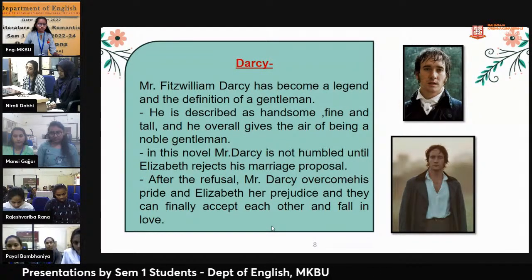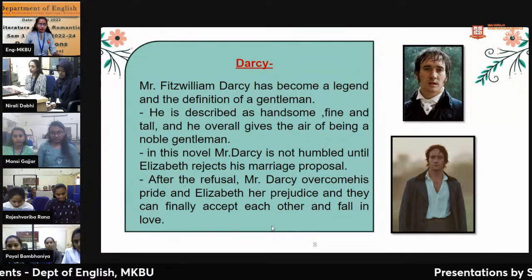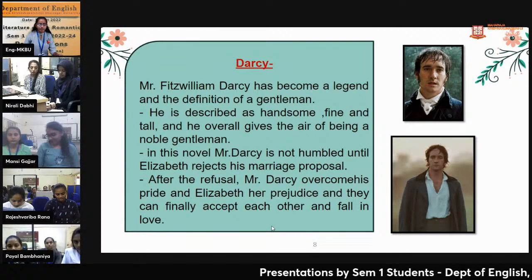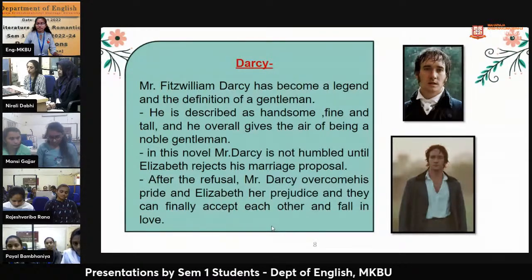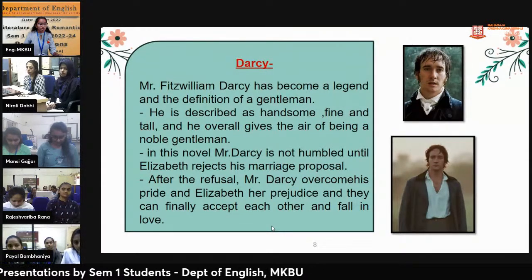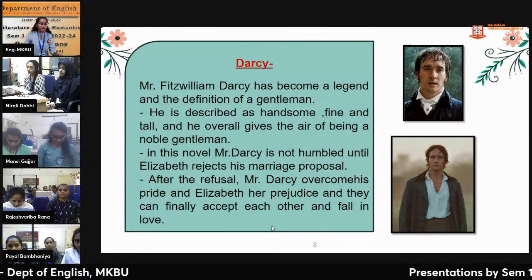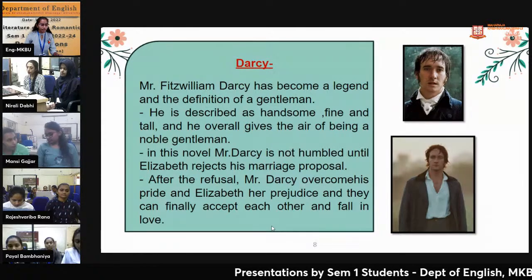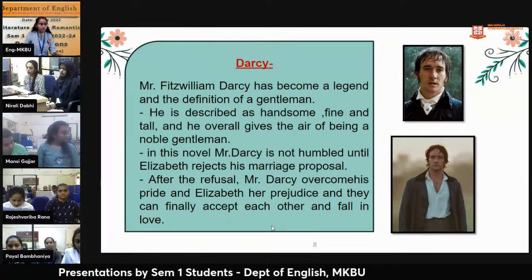After the refusal, Mr. Darcy overcomes his pride and Elizabeth her prejudice, and they can finally accept each other and fall in love. When Mr. Darcy proposed, Elizabeth rejected his proposal because she thinks that if she doesn't like anyone, then she won't marry him.